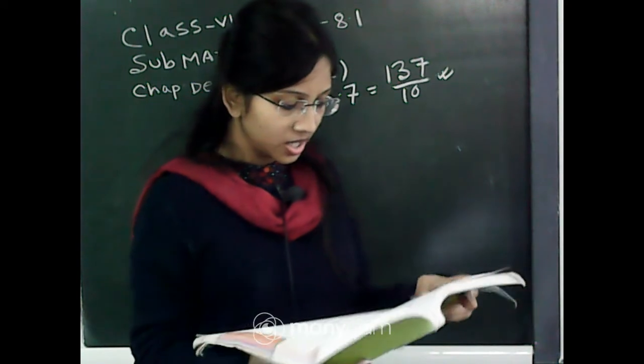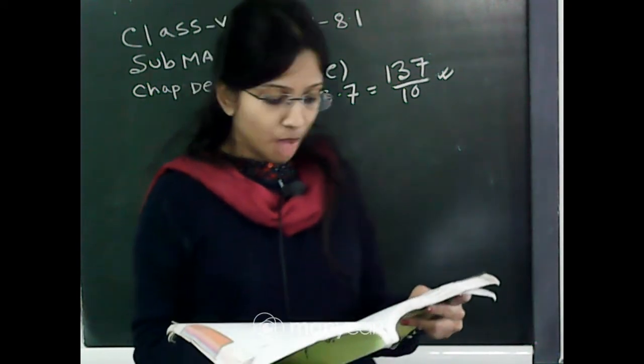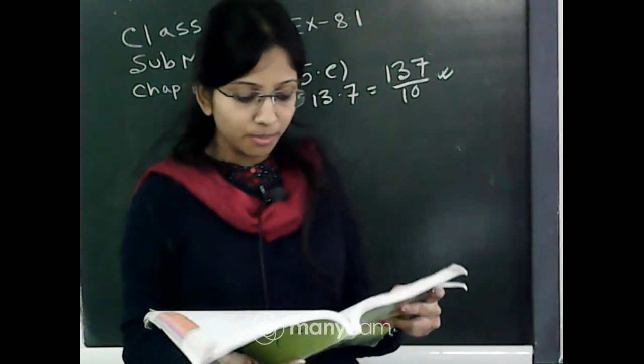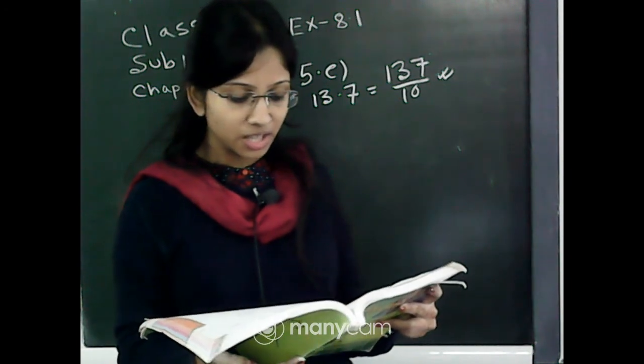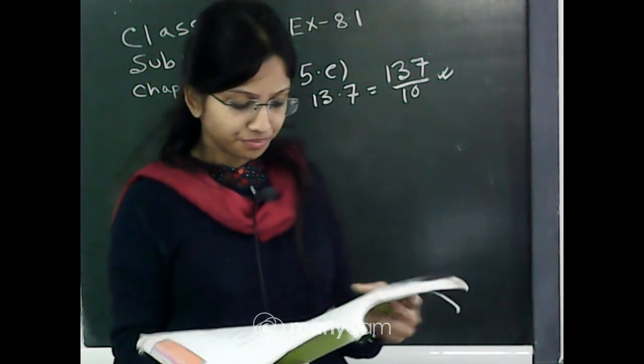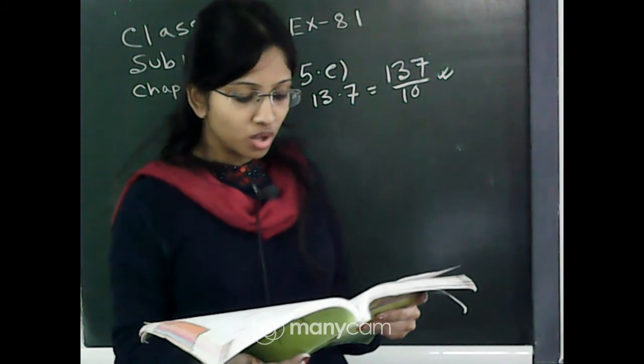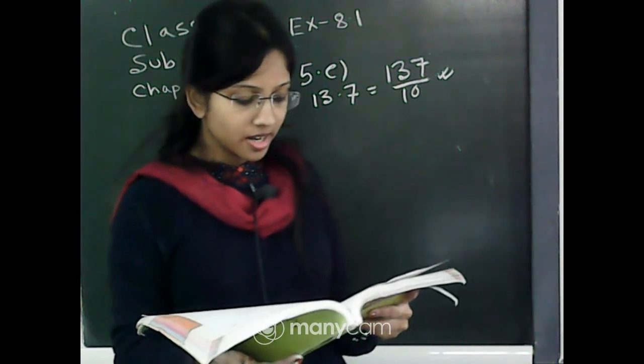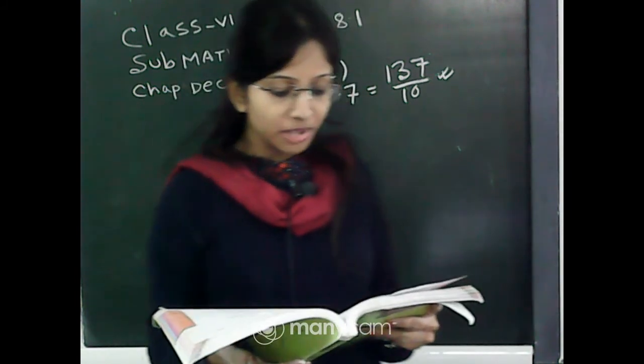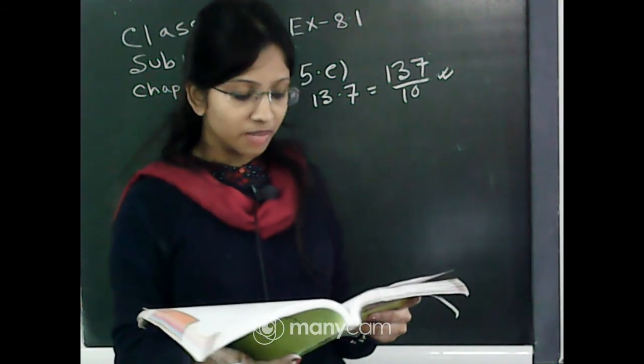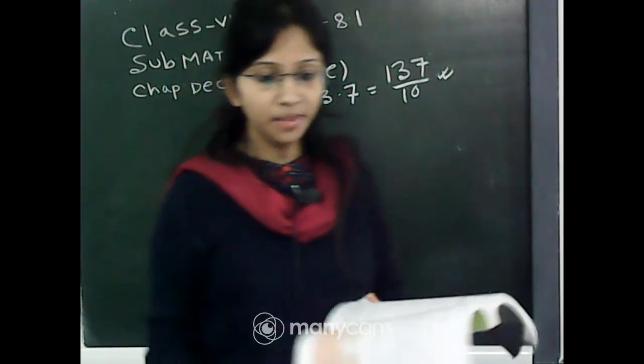Next question is question number 7. Between which two whole numbers on the number line do the given numbers lie? Which of these whole numbers is nearer to the number? Now tell me, between which two whole numbers does the number 0.8 lie?